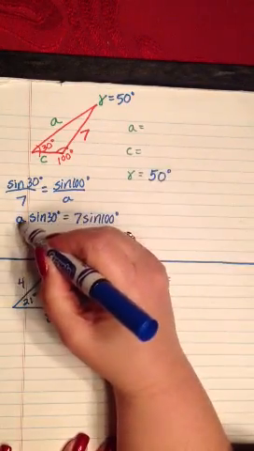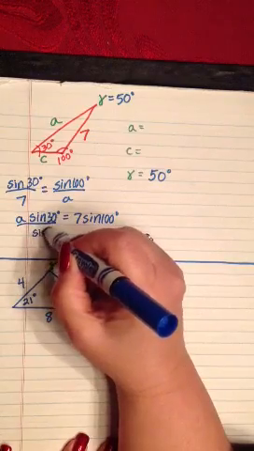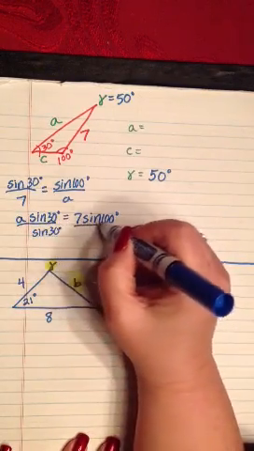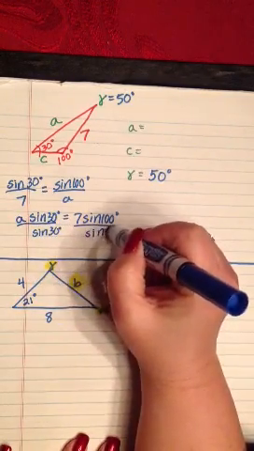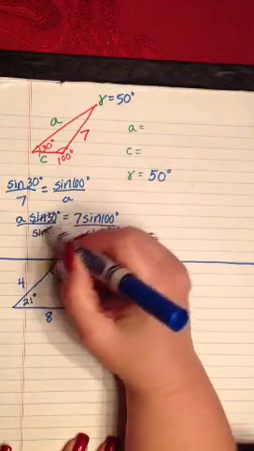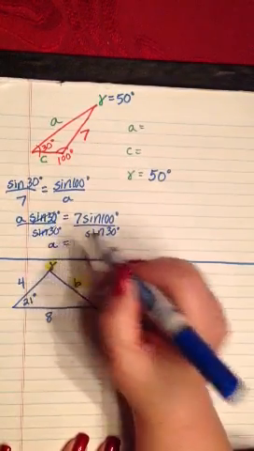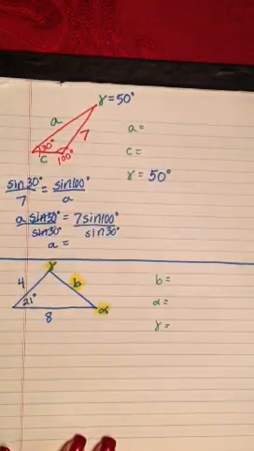And then to solve for A, I just divide both sides by sine of 30. That way these cancel, and I just get A is equal to whatever I get when I type this in.